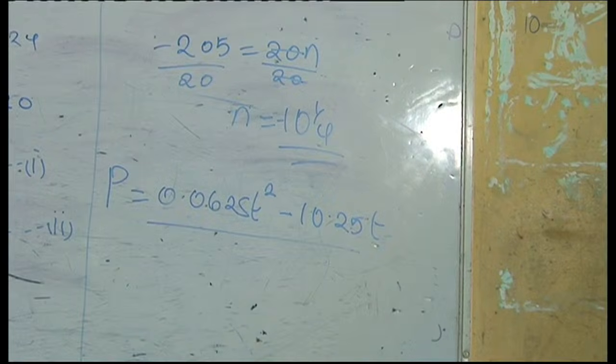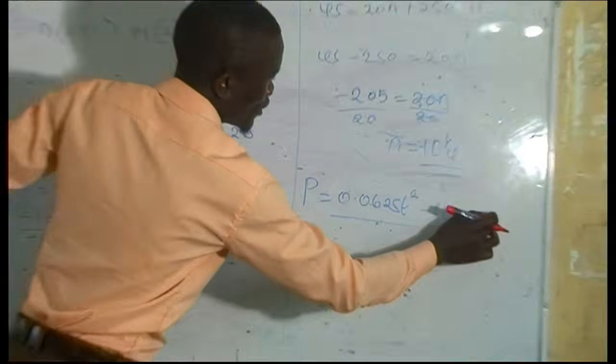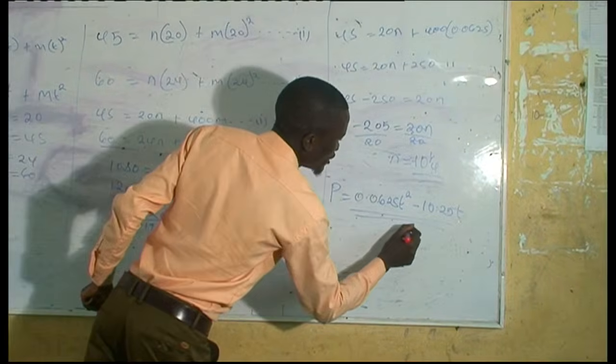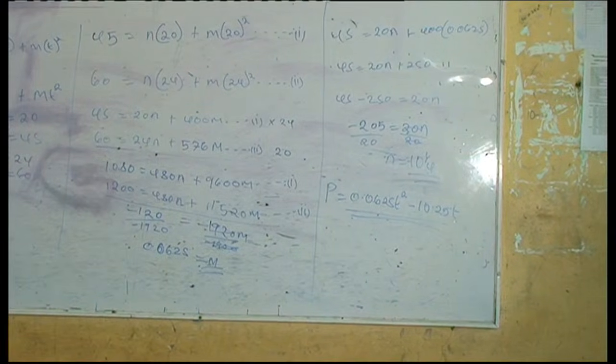The coefficient of t squared is m, which is 0.0625, and the value of n is negative 10.25. So this is the equation connecting the two variables.